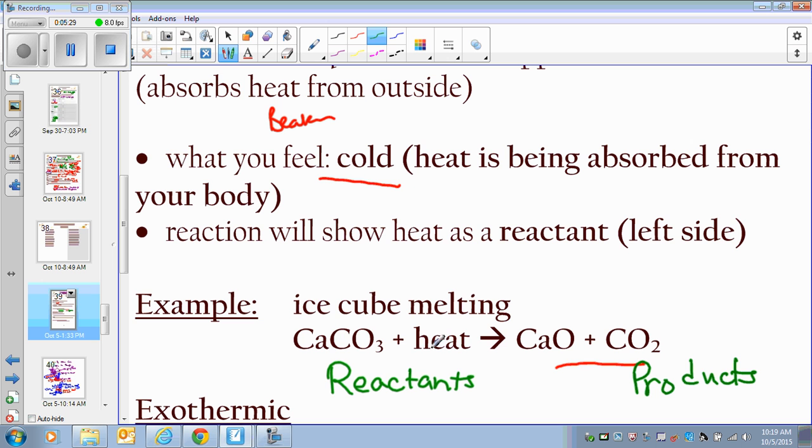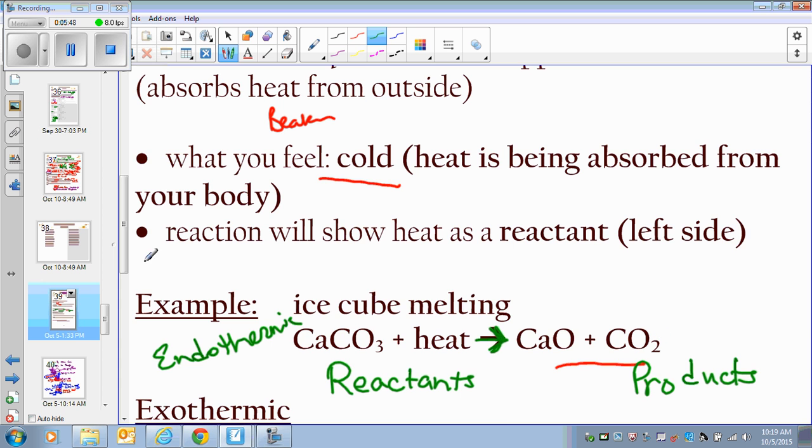So if the heat is on the reactant side, before the arrow, it is endothermic, because they need heat to make this. So they absorb the heat before they do anything.